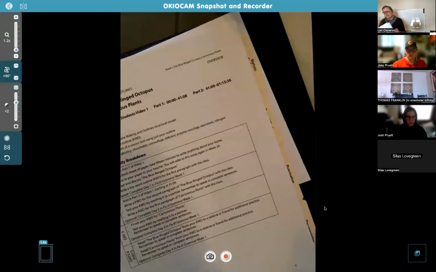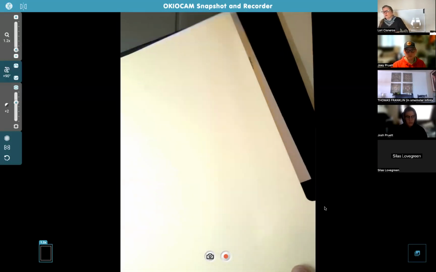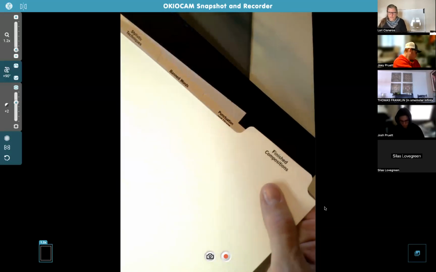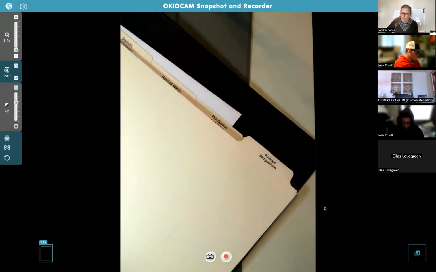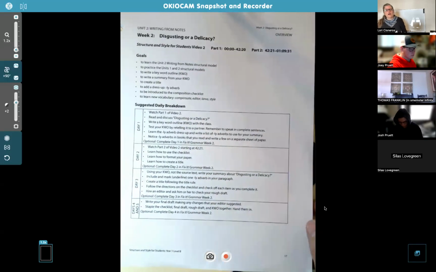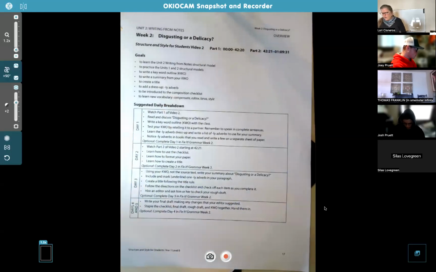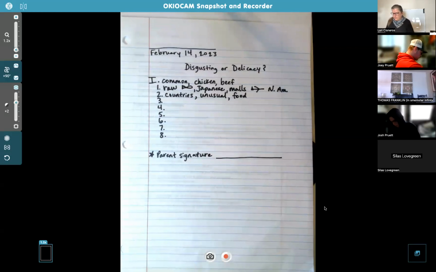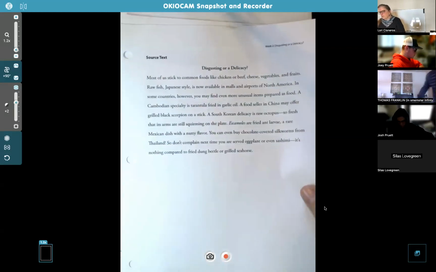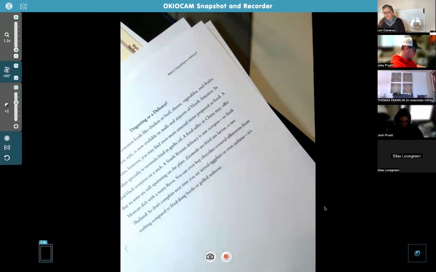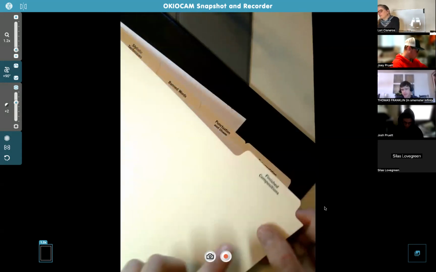from disgusting or delicacy is going to go behind this tab right here called finished compositions, because we're finished with disgusting or delicacy. So everything like this page here, page 17, which is the outline page, your keyword outline that you made, your paragraph that you made, your checklist, the original story, all of that that goes with disgusting or delicacy can go behind the finished compositions.